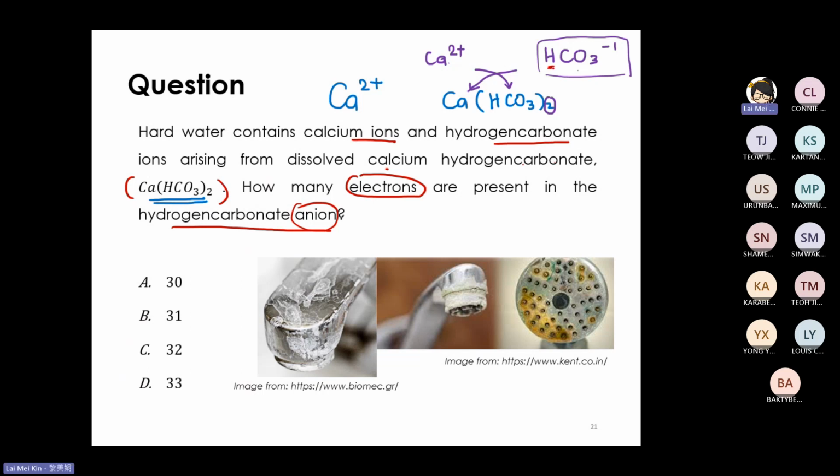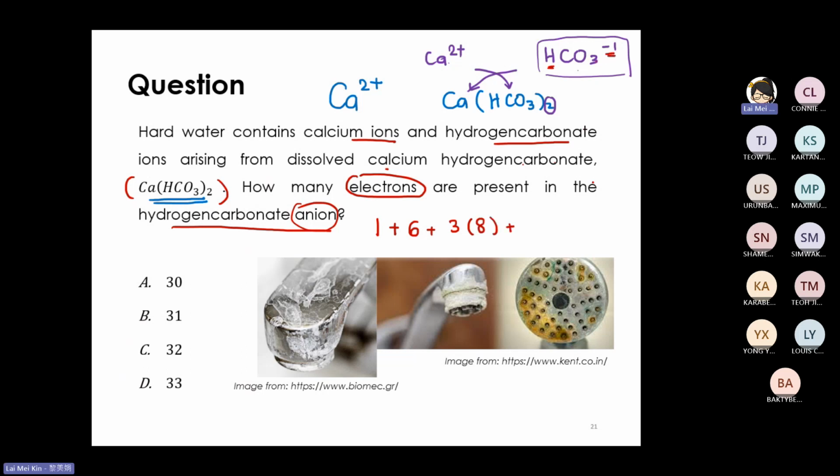Okay, hydrogen, 1 by 1. Hydrogen, how many electrons? 1. Carbon? Carbon has 6. I have 3 oxygen, so each oxygen is 8. What else?